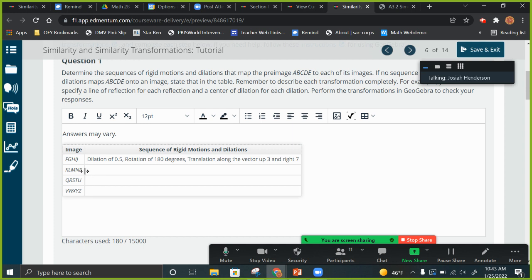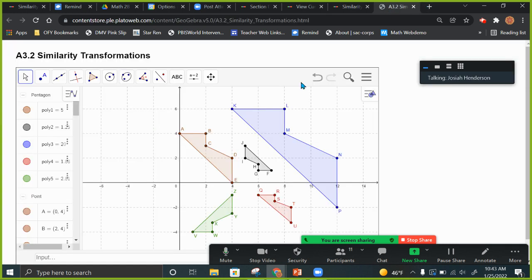So now we want to try to make it match up with K, L, M, and P. Starting with the ABC one, we're going to try to make it blown up to this blue figure here, K, L, M and P. Good news, it's already in the right orientation.